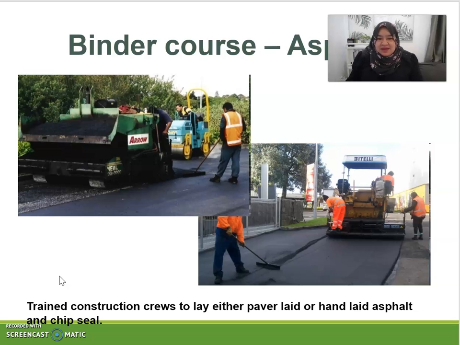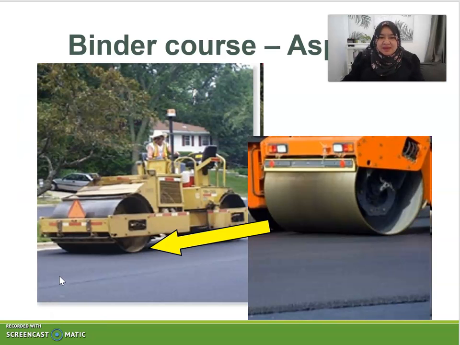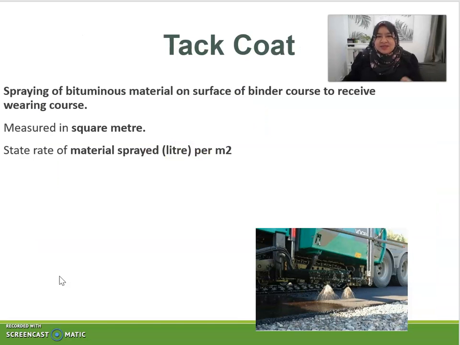Then it will be laid, and it will be compacted to ensure it has a very smooth surface, using machineries to make sure of the smooth surface of this binder course.